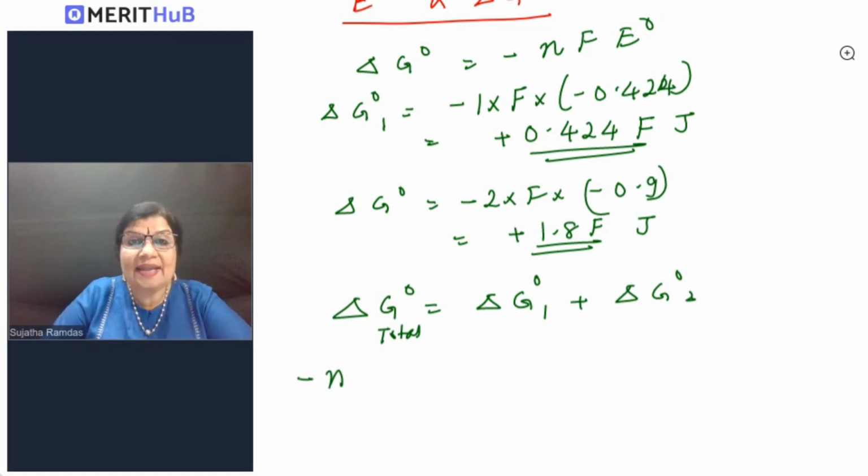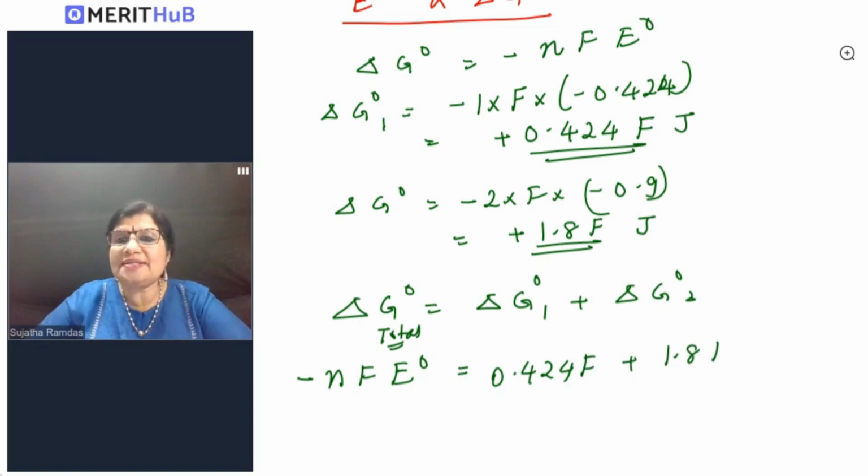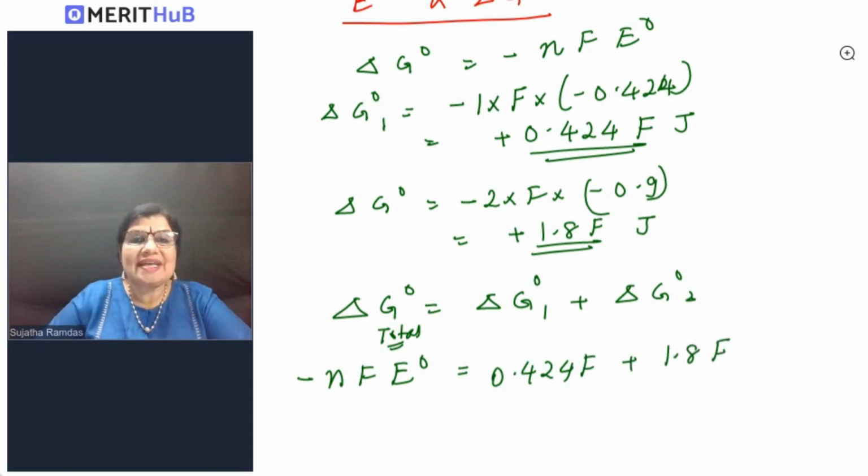Minus nFE naught for the final equation is equal to 0.424F plus 1.8F. You can easily cancel the Faraday from both the sides, right?